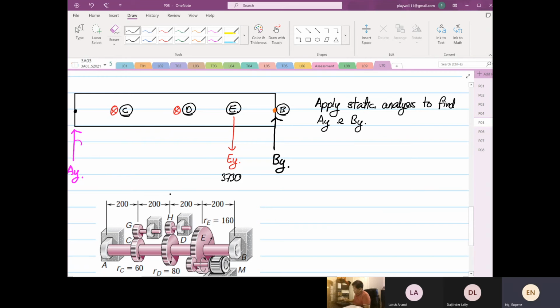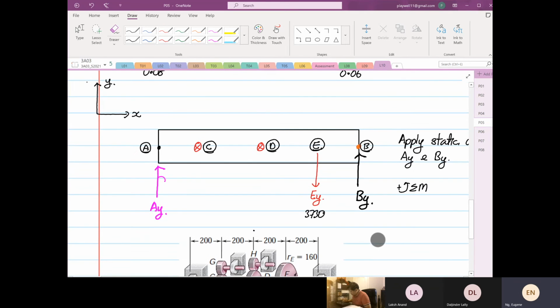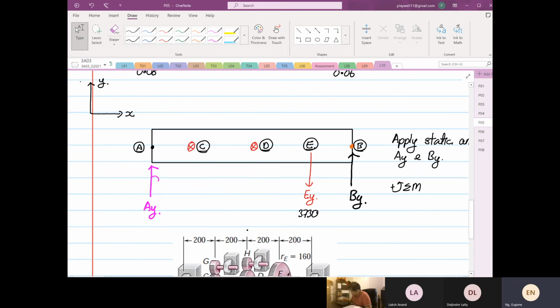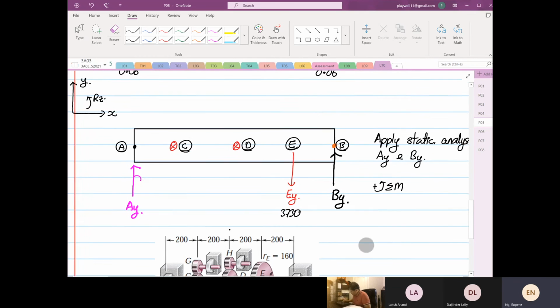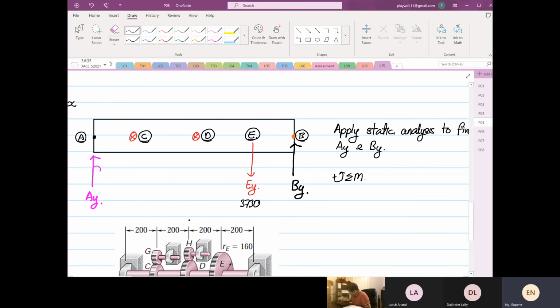You ask me why this is necessary? Because we have to find the moments. So we are going to consider moment in the Z direction. Because we're working in the XY plane, this is rotation about Z. So the moment in the Z direction is equal to 0.